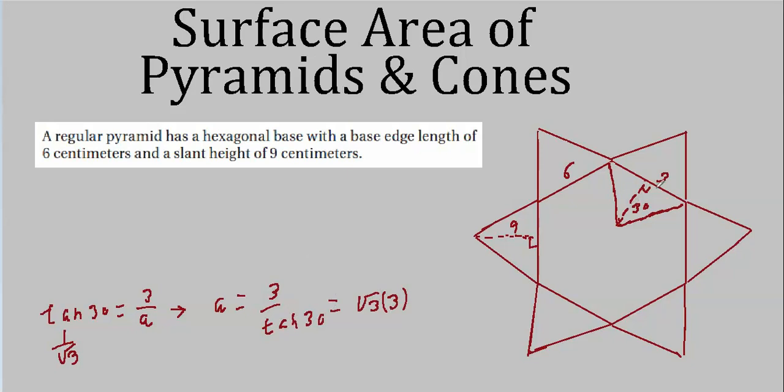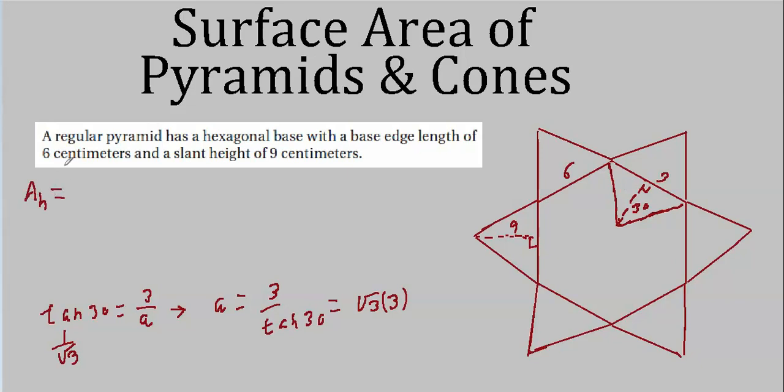But the area for this triangle is going to be this whole side, that's 6, times the altitude, and then divided by 2. So if I put it over here, we'll write a sub h, for the area of the hexagon.